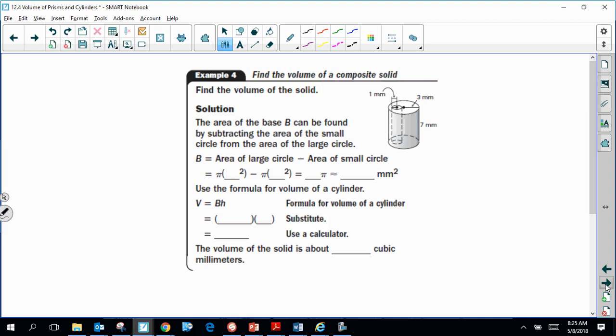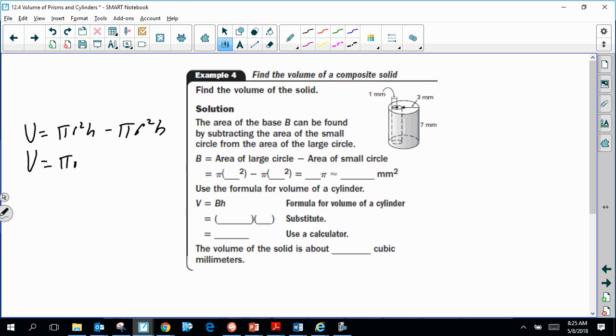I don't feel like I'm really explaining this too well, so let me just write this out. Here, the volume is going to be pi r squared times the height minus pi r squared times the height for the shape that we have. Well, algebra says that I can factor out common terms.